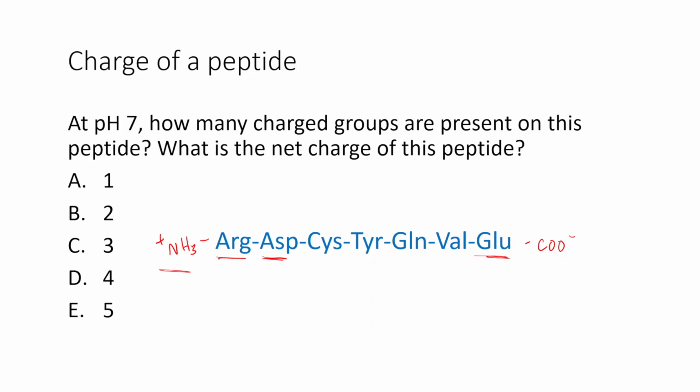It's going to be protonated, so it's positively charged at pH 7. For our carboxyl group at the end, the pK is usually around 2, so at pH 7 we're above the pK and it'll be deprotonated, in the negatively charged form. So at pH 7, these will combine and add up to 0, +1 and -1.